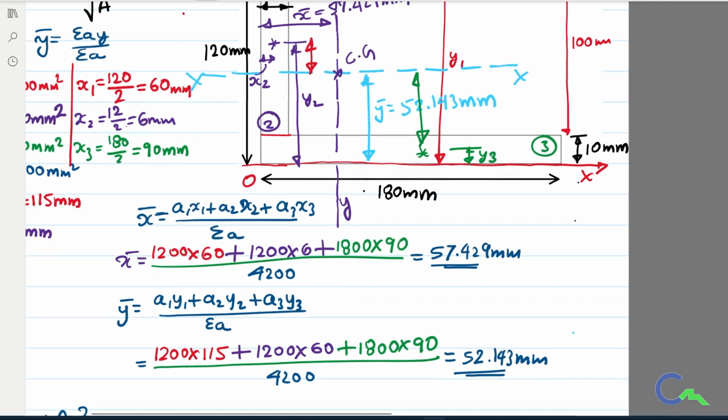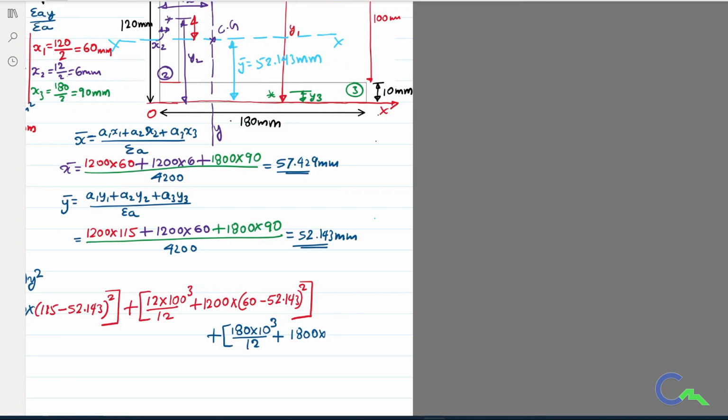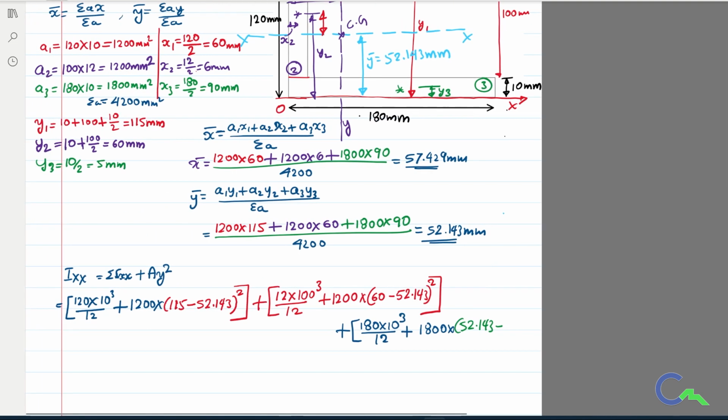That distance is given by y bar minus y3. Y bar is 52.143 minus y3, that is 5 mm, that value whole square.